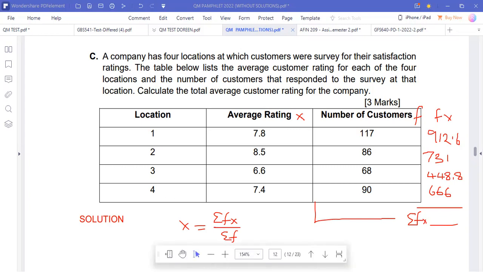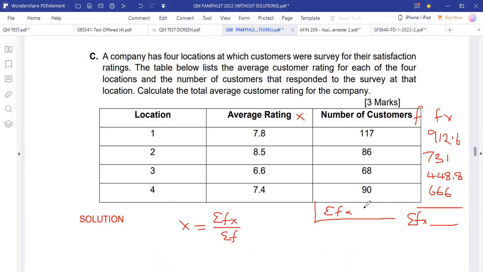So what are we having? 117 plus 86 plus 68 plus 90 is 361.